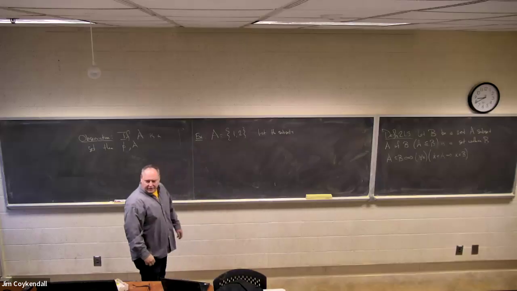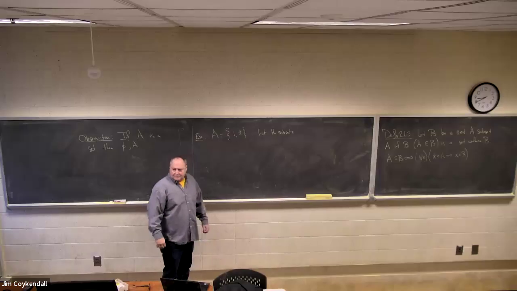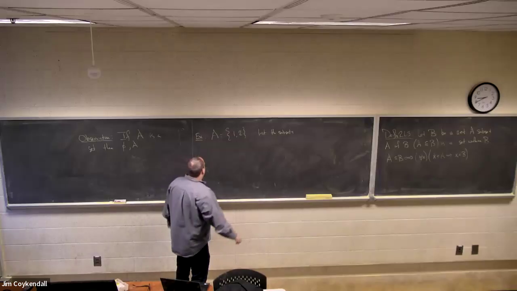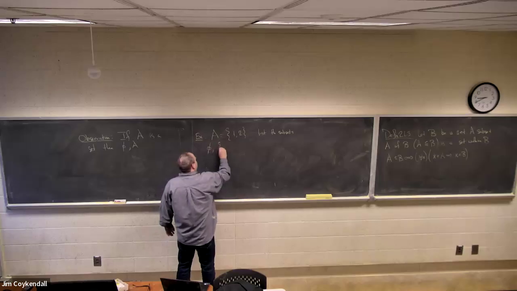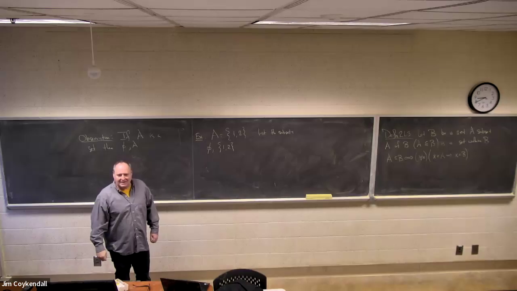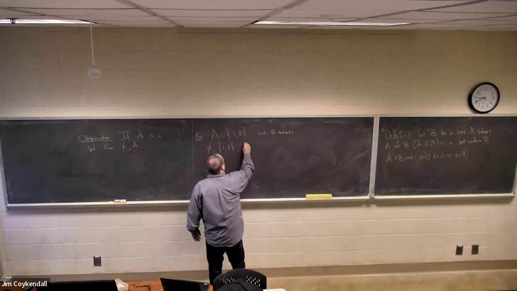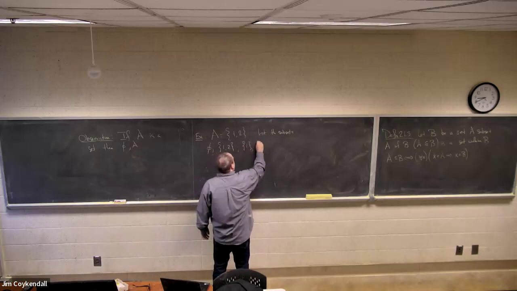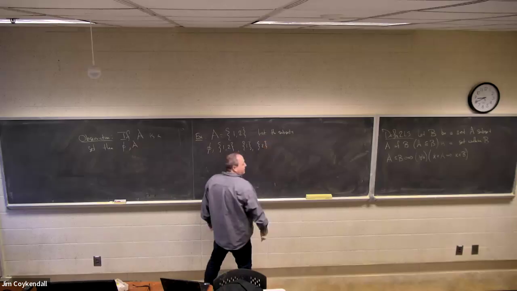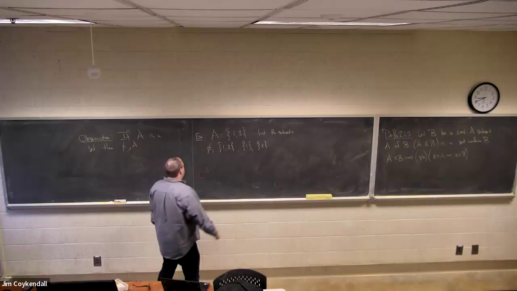See if we can list all the subsets. Okay, that's it, chance. I got the easy ones, right? The empty set and the whole thing. Are there others? Okay. 1 by itself and 2 by itself. Everybody agree? How about this?